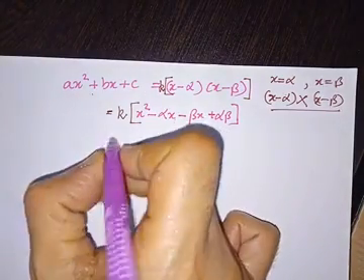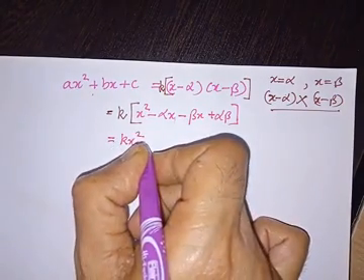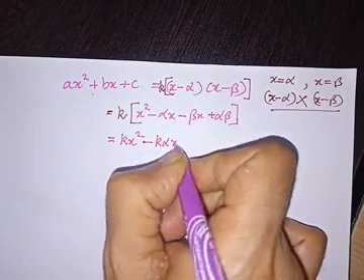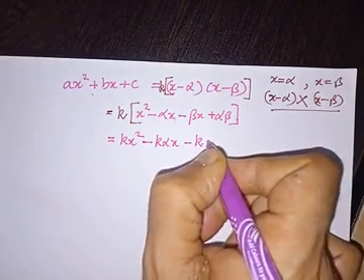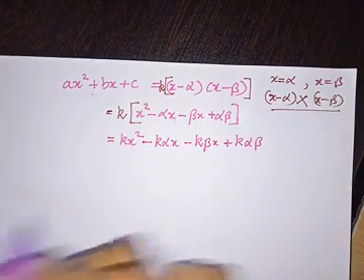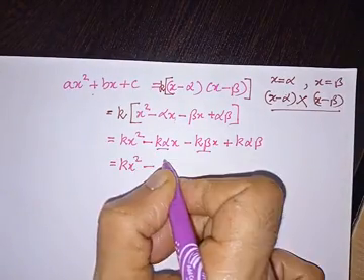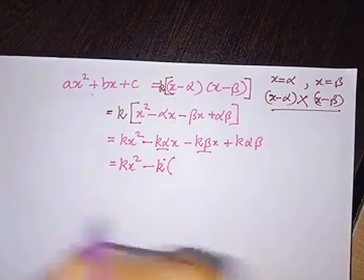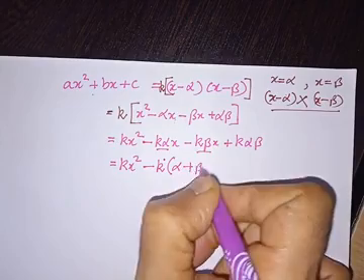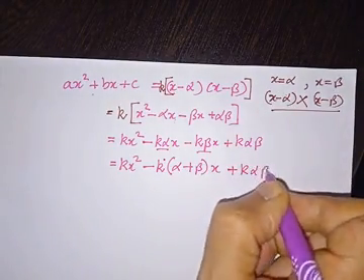When you open the bracket you get kx square minus k alpha x minus k beta x plus k alpha beta. Now in these two terms, taking minus k as common, what we are left with in the bracket is alpha plus beta times x, plus k alpha beta.